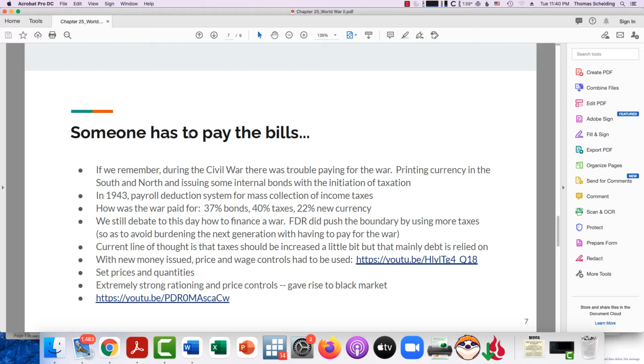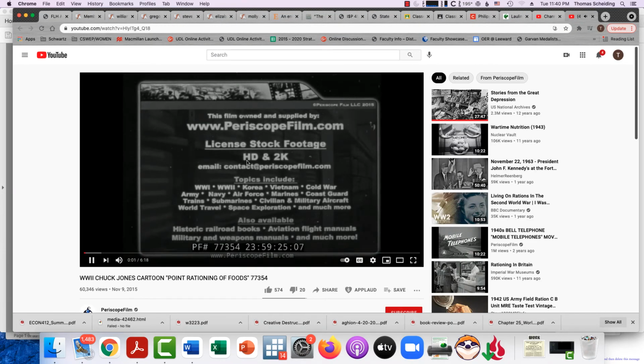Because new currency was issued, there did have to be some price and wage controls to try to control the increase in prices. And for this, gang, we get a cartoon.